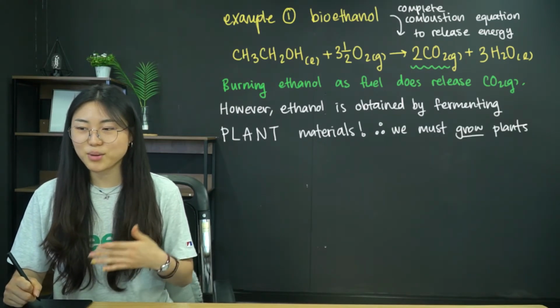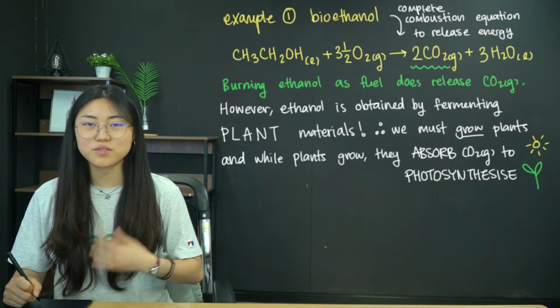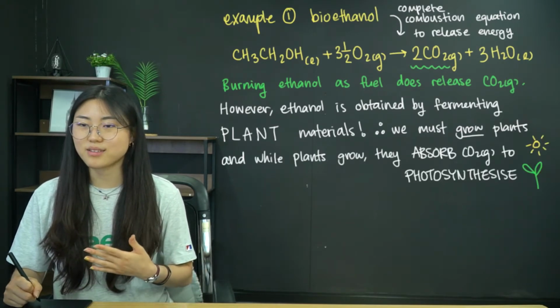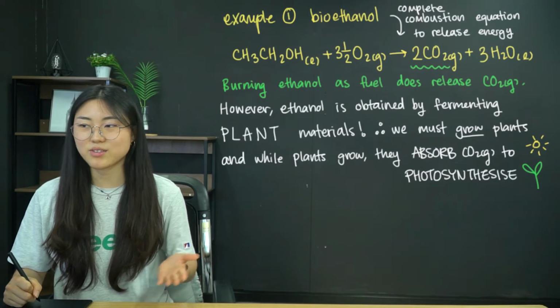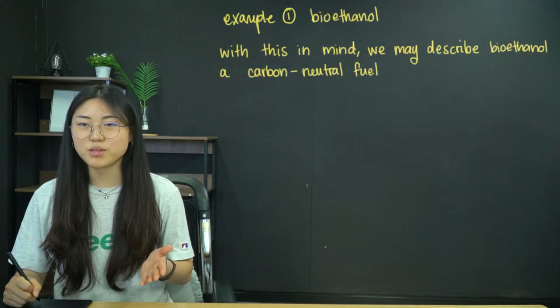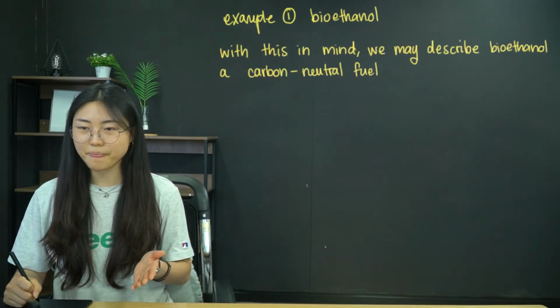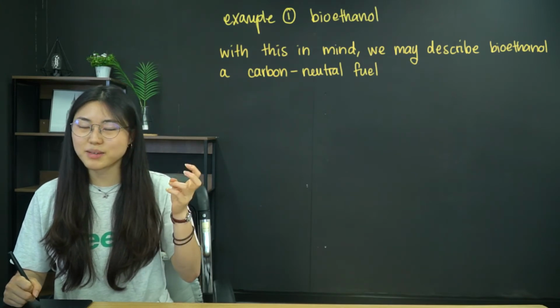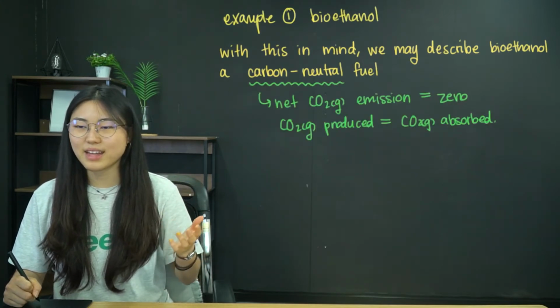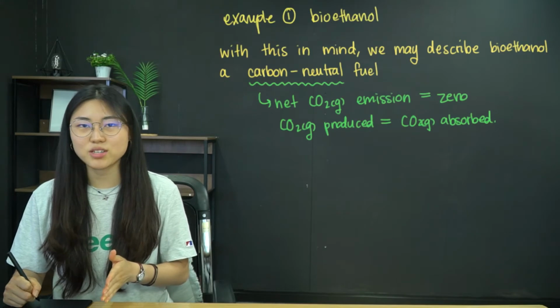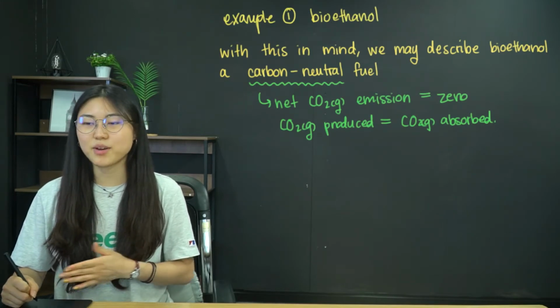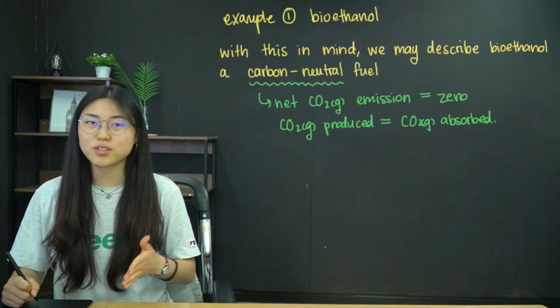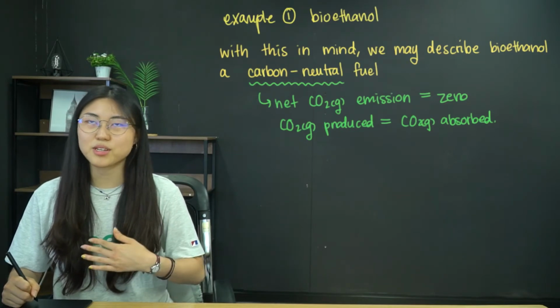While plants grow, they absorb carbon dioxide in the atmosphere to photosynthesize. With this in mind, we may describe bioethanol as a carbon neutral fuel. Carbon neutrality means that the net carbon dioxide emission is zero. So carbon dioxide produced is equal to the carbon dioxide absorbed or used.